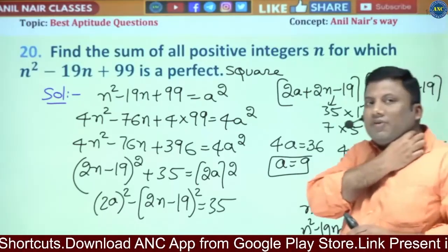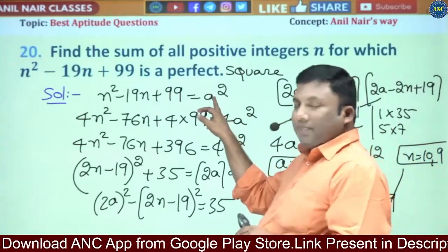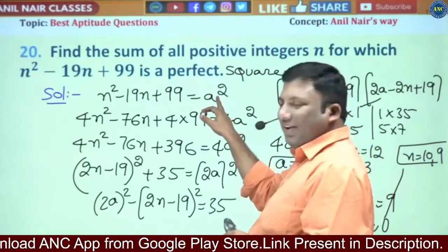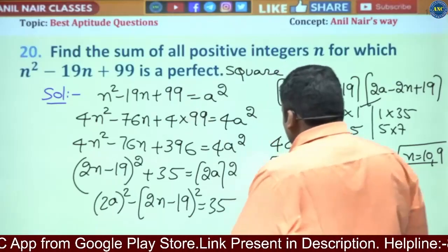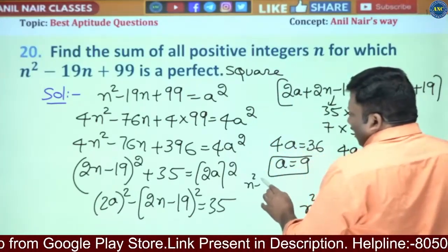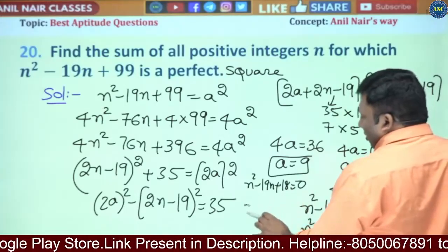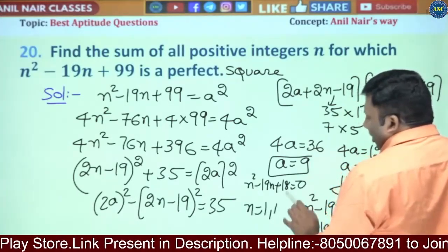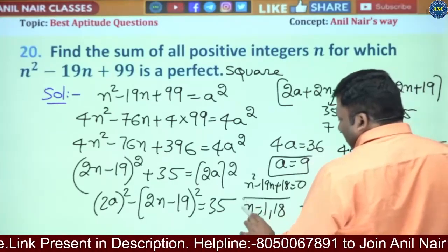Are you all with me? Very simple idea. If I take a equivalent to 9, this will become 9 square, 81. 99 minus 81, it is 18. N square minus 19n plus 18 equivalent to 0. So n equivalent to 1 comma 18.